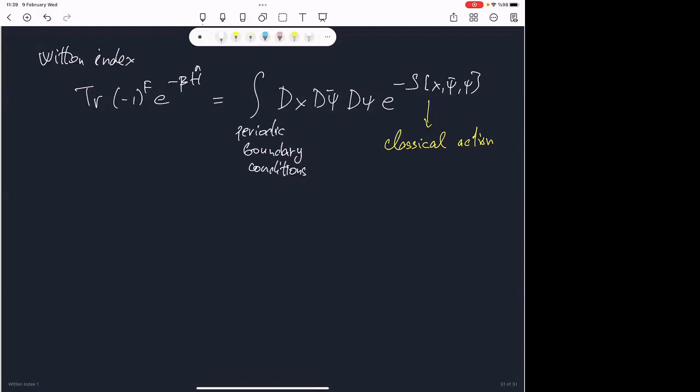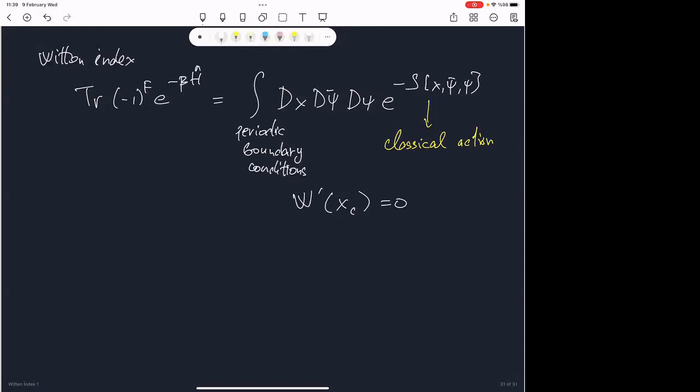What I mean by critical points: in our Hamiltonian we have the prepotential V, and the critical point is such a point, let me call it x critical, where the derivative of our potential equals 0.